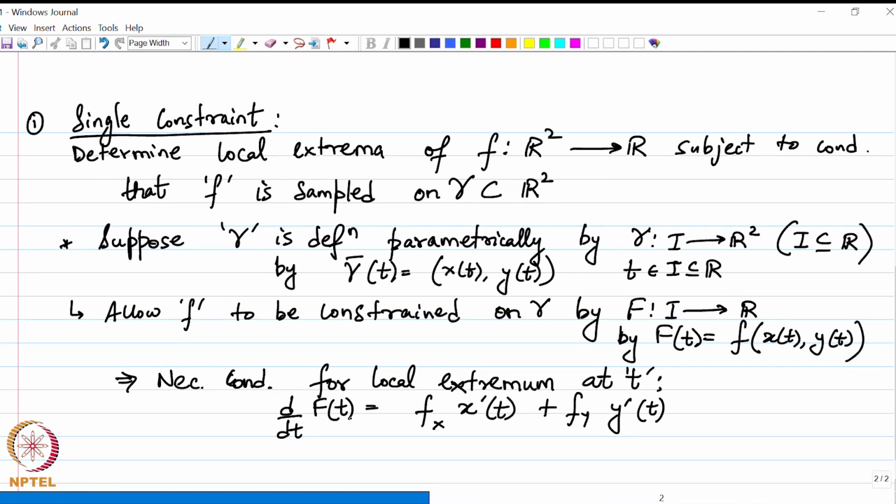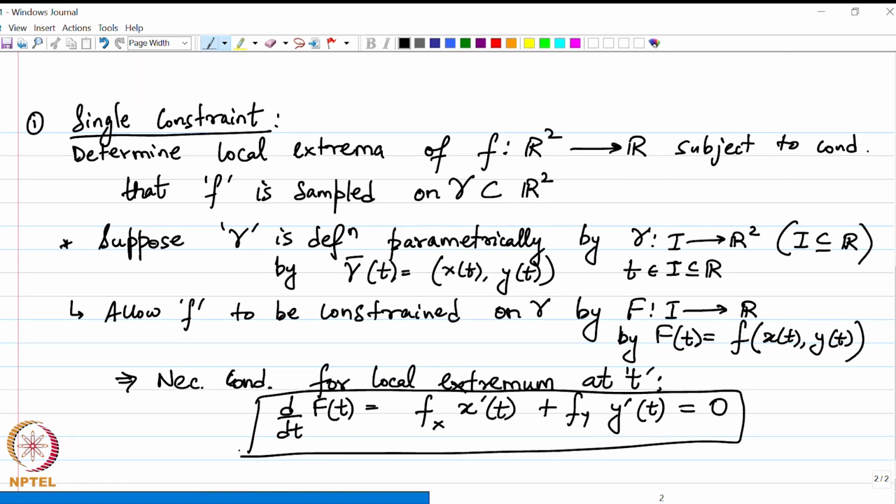To find the local extremum, this must be set equal to 0. That is the basic criterion for constrained optimization, where the points are picked from the constraint set gamma, and the problem then reduces to that of the unconstrained version. Let me call this boxed relation 1.